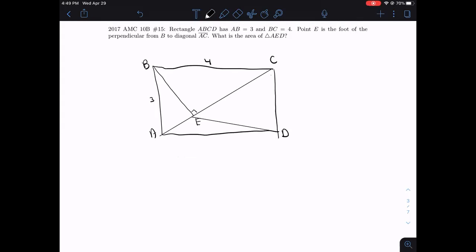Let's just put this on a coordinate plane now. So we have the x-axis is AD, y-axis is AB, and A is the origin. So let's put it like that.